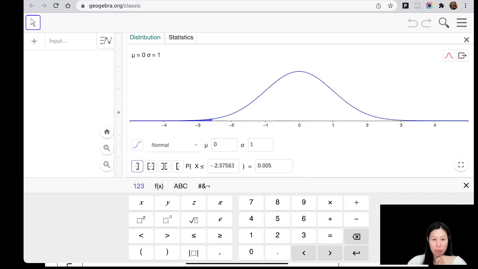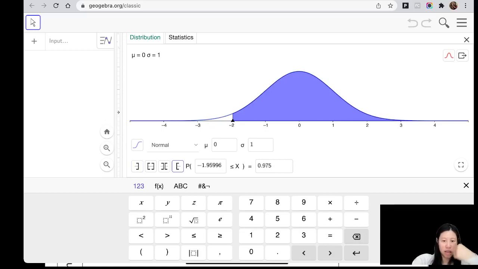GeoGebra. So we want this to be 0.025 now. So on the left, we have what? The cutoff value is going to be negative 1.9599, which is approximately negative 1.96. And then let's look at the right side.